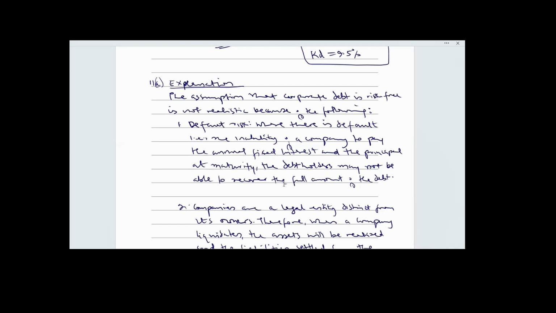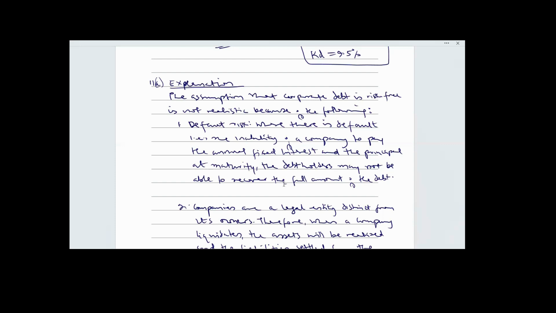And then at the maturity date, you are supposed to pay back the principal sum. Now, because of one reason or the other, it may well be that the economic condition is not suitable for that business, and the company now defaults to pay the annual interest. And then, of course, at the maturity dates, the company does not have the capacity to pay back the principal sum as well.